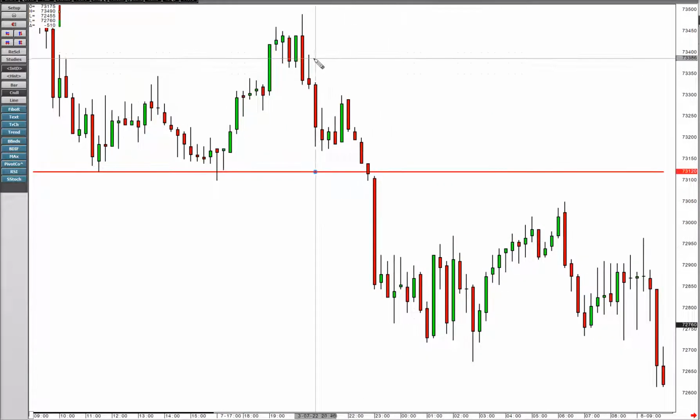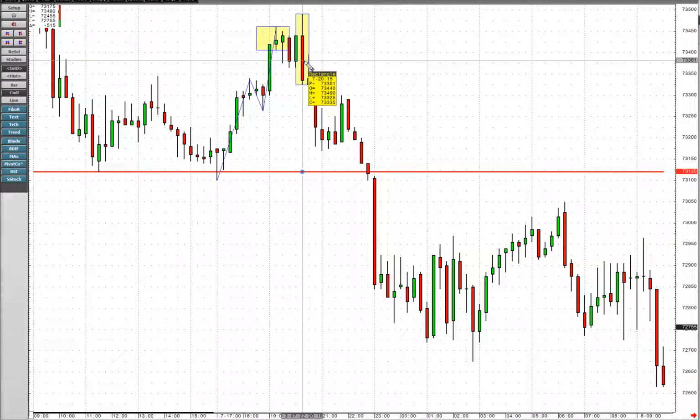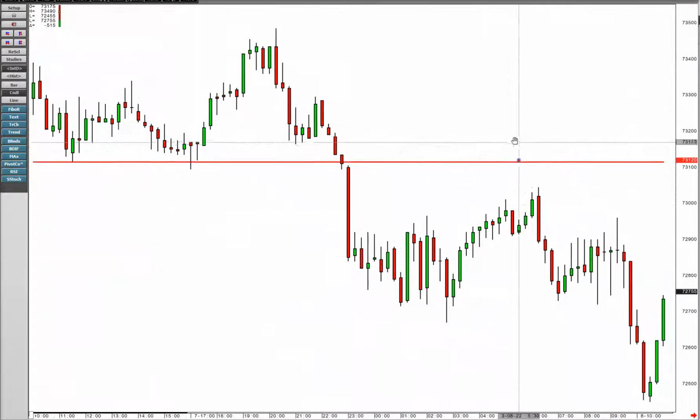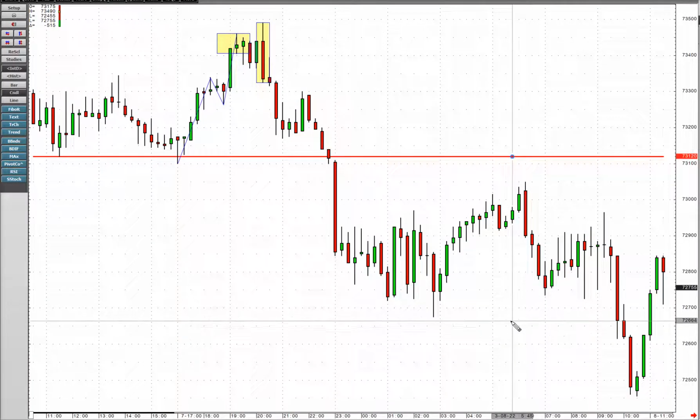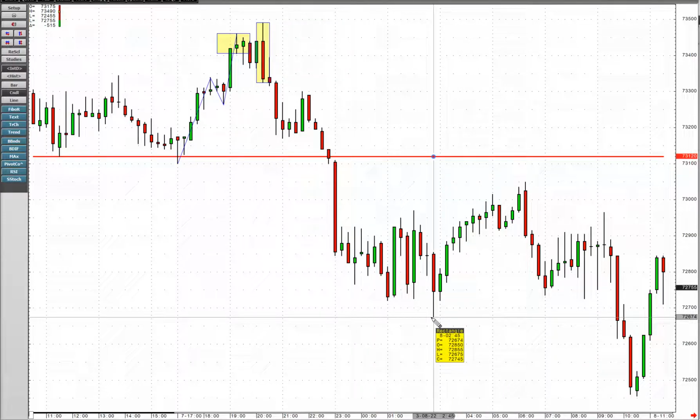Now, once it basically just tailed, stopped, and came back, this became the new risk bar. And using this risk bar of 73.49 down to 73.32 and a half, times 4, 66. 73.32 and a half minus 66, 72.66 and a half, which we handily achieved.